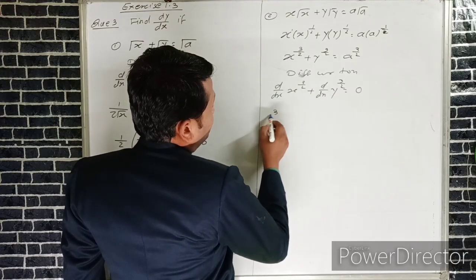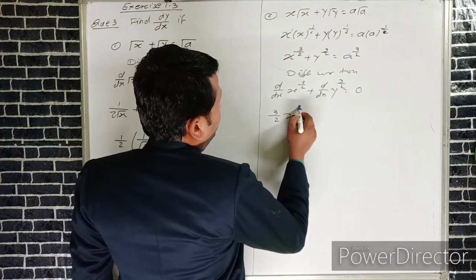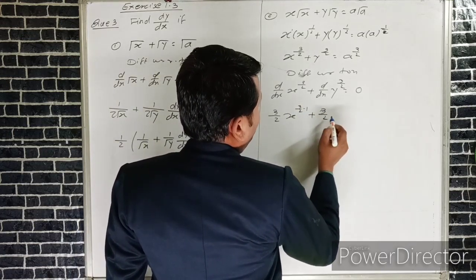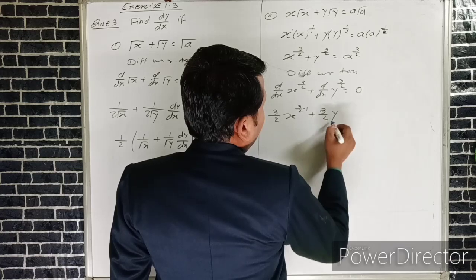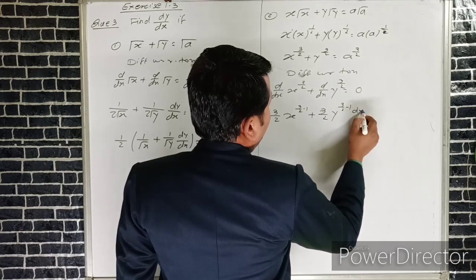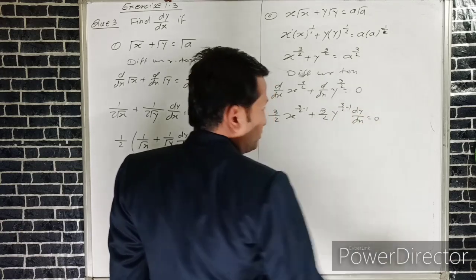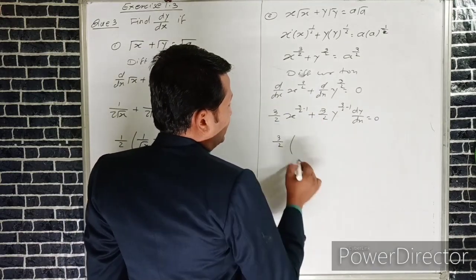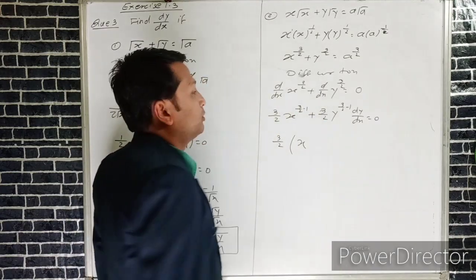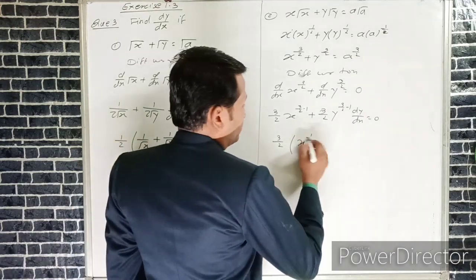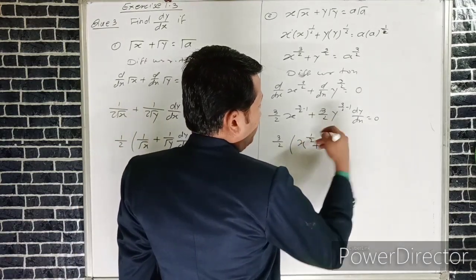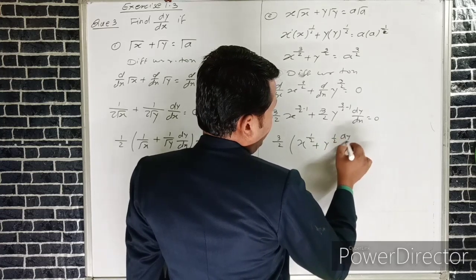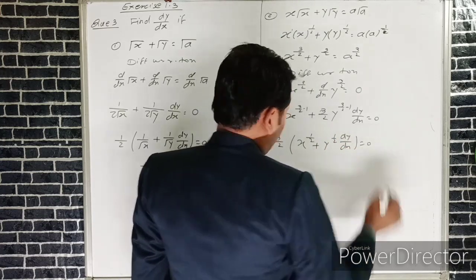So we can write 3 by 2 into x raised to the power 3 by 2 minus 1, plus 3 by 2 into y raised to the power 3 by 2 minus 1 into dy by dx, is equal to 0. If we take 3 by 2 common from both the terms, we can write x raised to the power 3 by 2 minus 1, which is 1 by 2, plus y raised to the power 1 by 2 into dy by dx, is equal to 0.